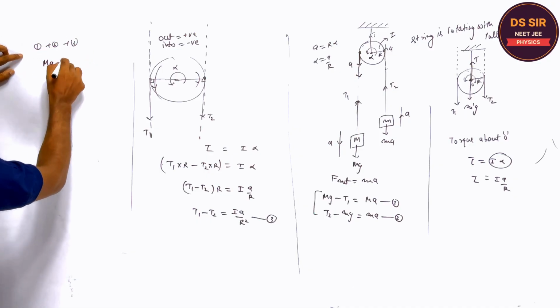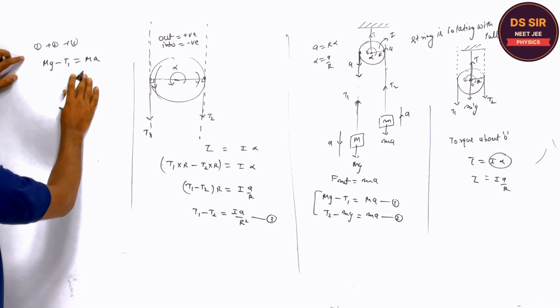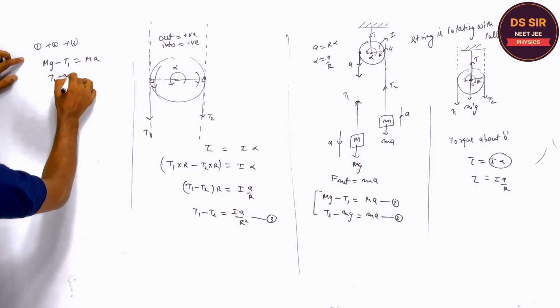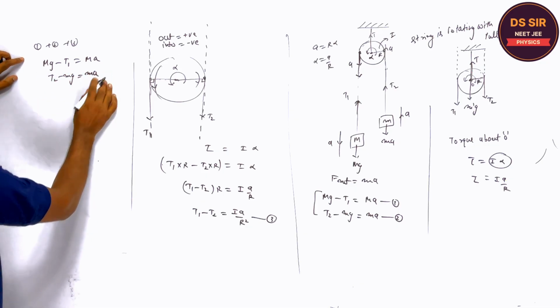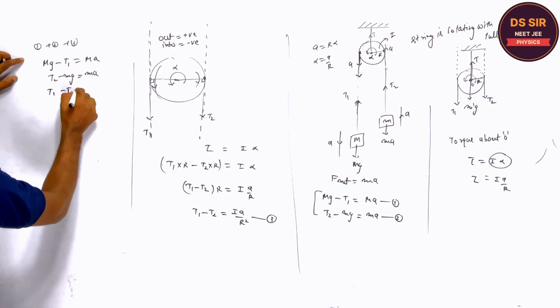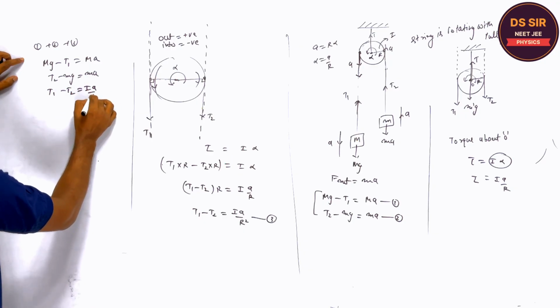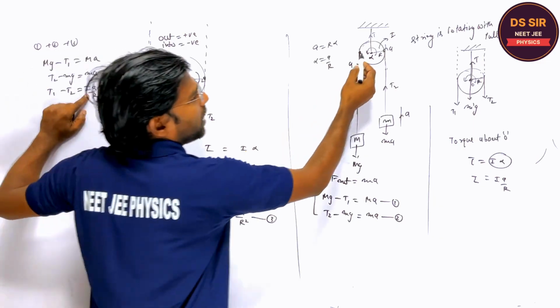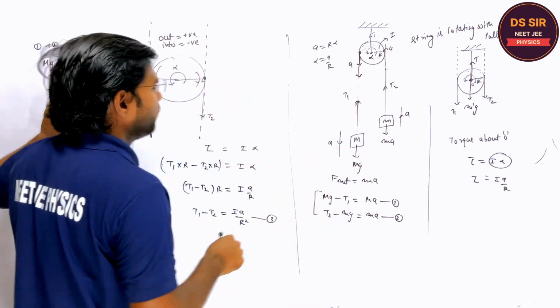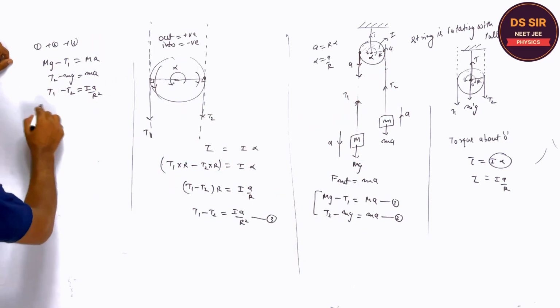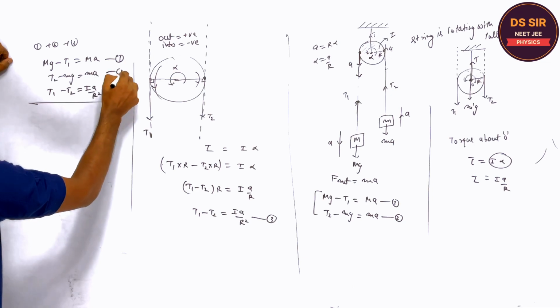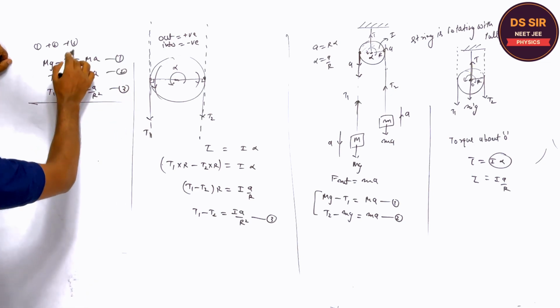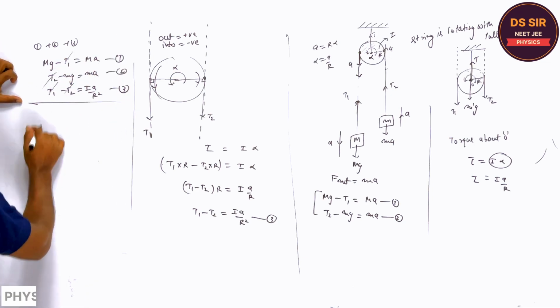So capital Mg minus T1 is equal to Ma. T2 minus small mg is equal to small ma, and T1 minus T2 is equal to I a upon R square. The moment of inertia in terms of the mass of the pulley and radius is not given, so that is why we only write I. When you add them, T1 and T2 will cancel out.